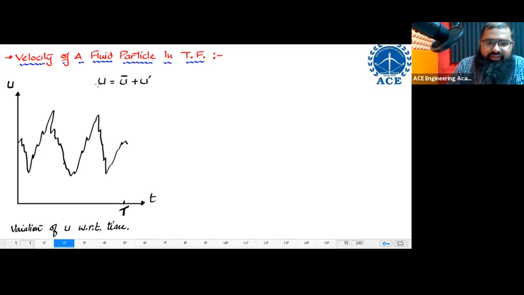U over here is the local velocity, or a particular particle's velocity.